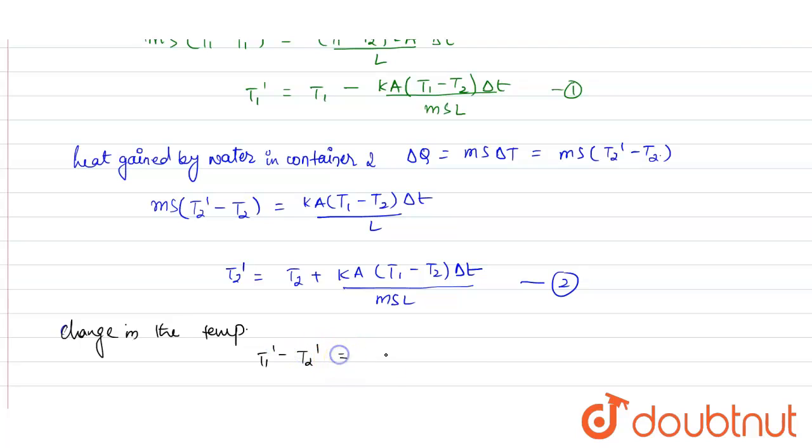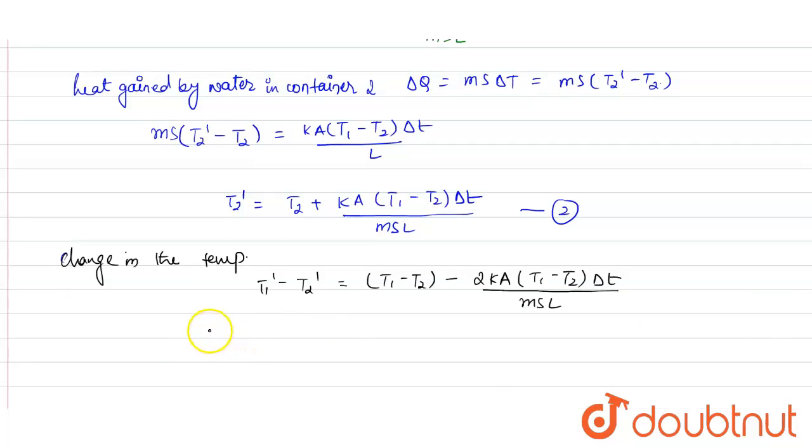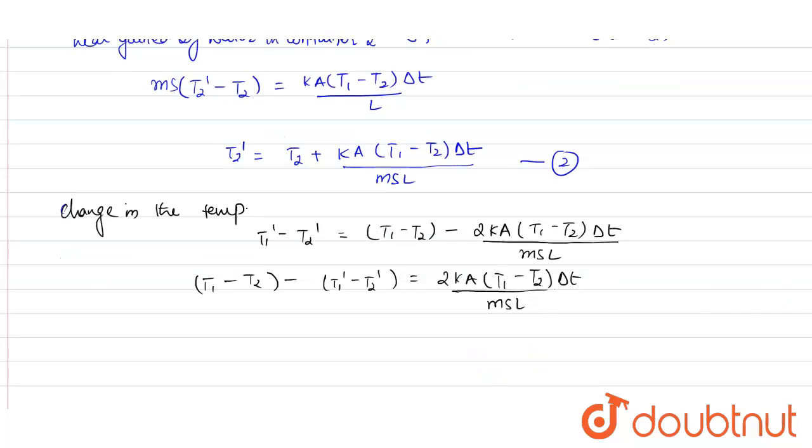From here we get (T1 minus T2) minus 2 K A (T1 minus T2) delta t, whole divided by m s L. On rearranging, (T1 minus T2) minus (T1 dash minus T2 dash) will come as 2 K A (T1 minus T2) delta t upon m s L. This is the initial temperature difference minus the final temperature difference.